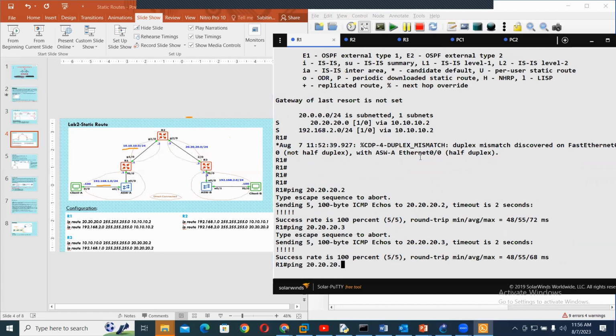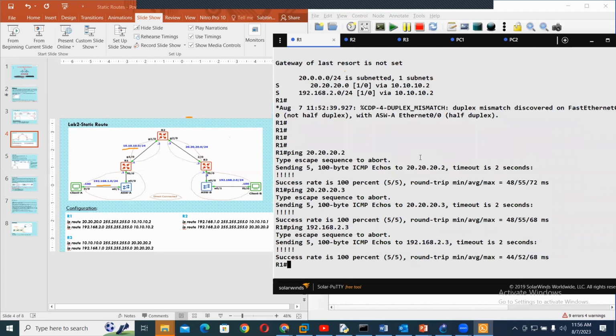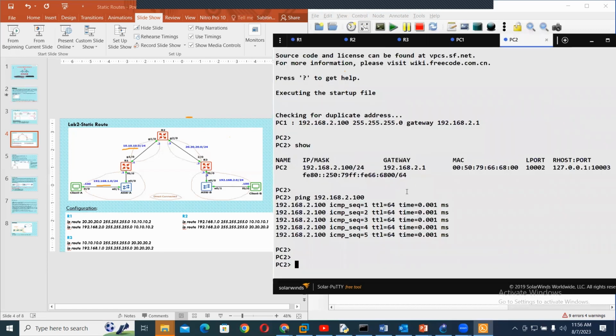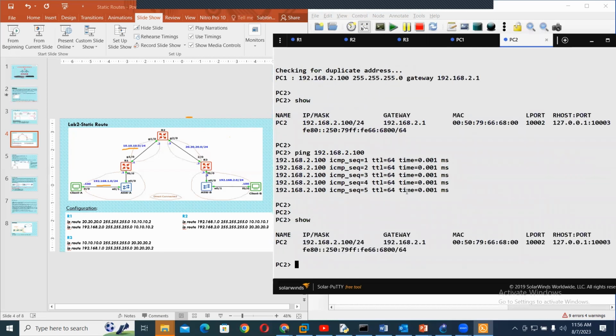Let me check 192.168.2.3. Can access .3. So we have an issue. Let me check our IP address. Okay, our gateway was 192.168.2.3, not 192.168.2.1.